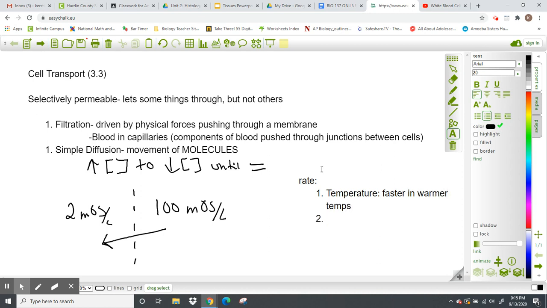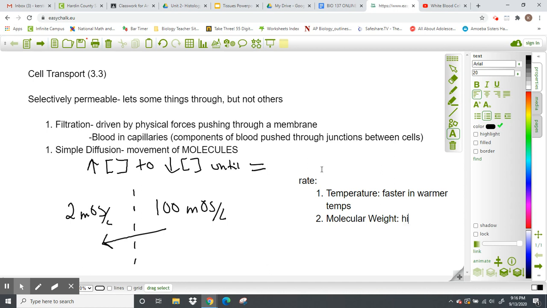Then we also have the molecular weight of the molecule. So what's the molecular weight of whatever molecule we're moving from one side? If we're moving carbon, that's going to move a lot faster than calcium because calcium has a higher molecular weight.